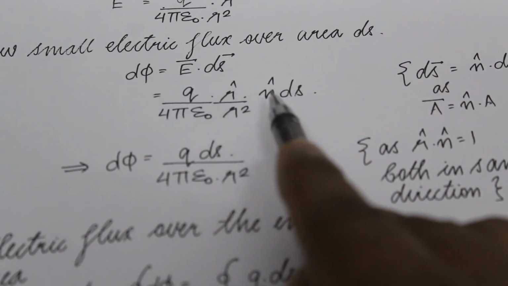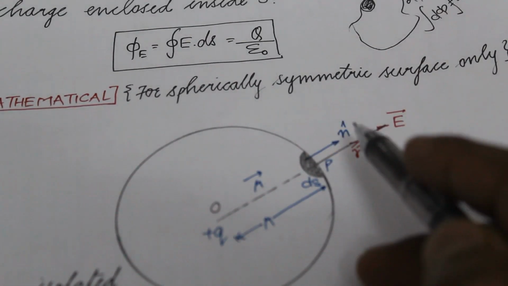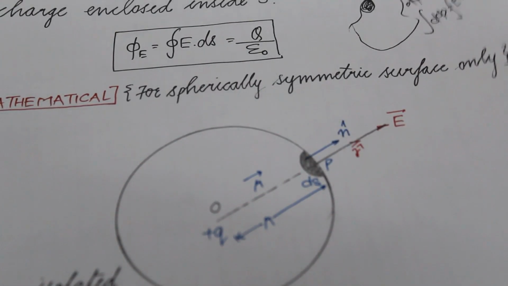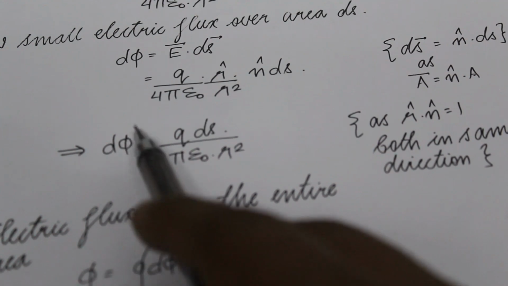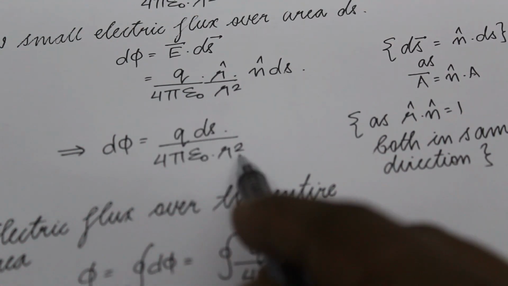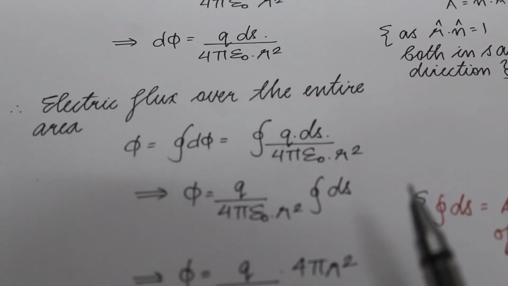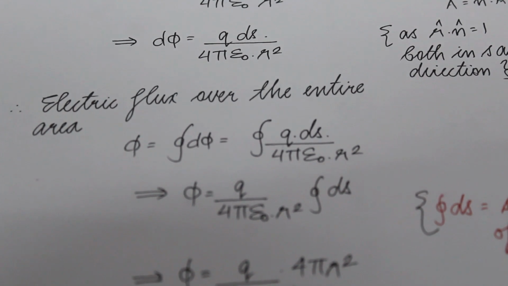Now as r cap and n cap are in the same direction, as per the diagram, their dot product will be equal to 1. So we will finally get d phi is equal to q ds upon 4 pi epsilon naught r square. This was the way of finding out electric flux through that small area around P.